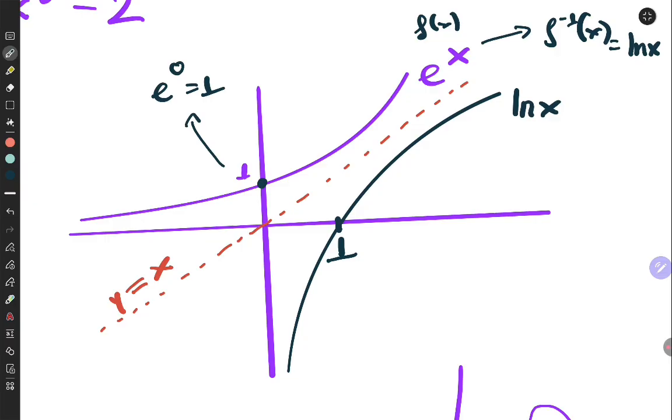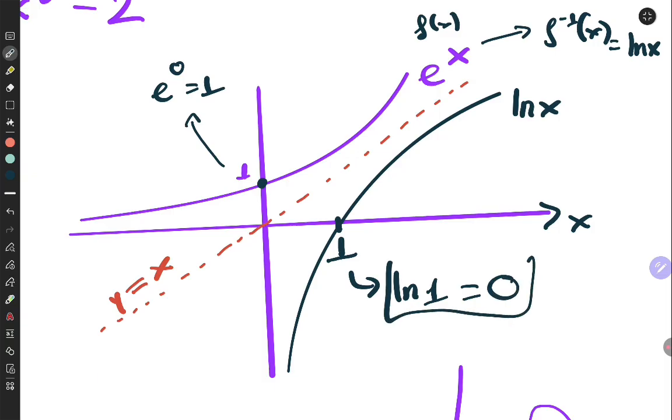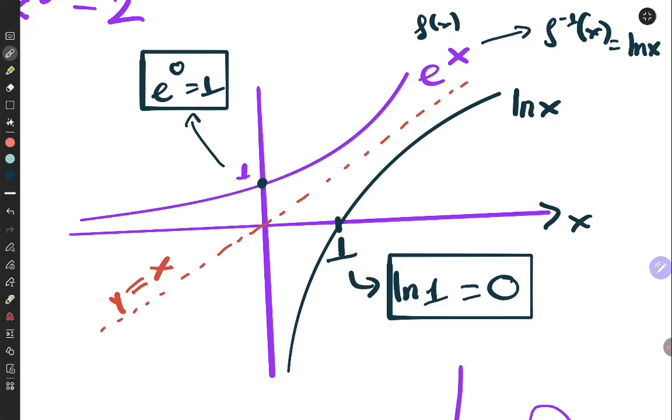What does it mean? Remember this is the x-axis, so this means ln of 1 equals 0. That is also a property. Logarithm of 1, no matter the base, equals 0 right away.